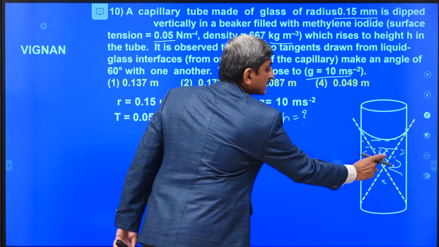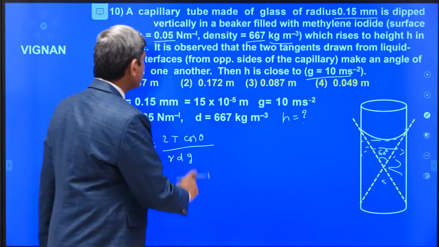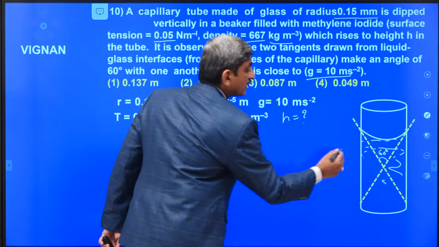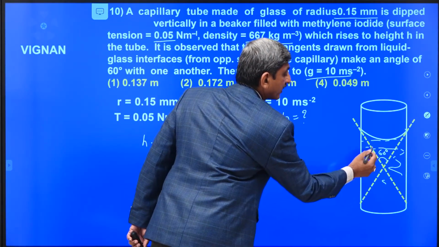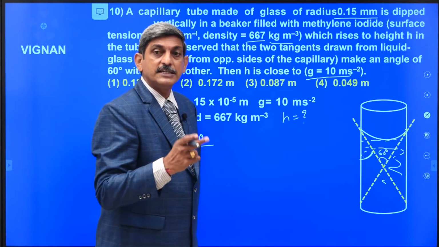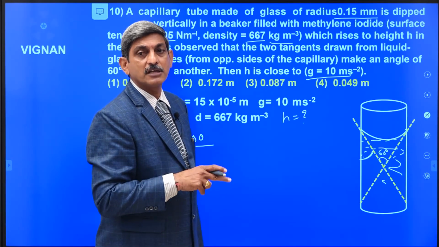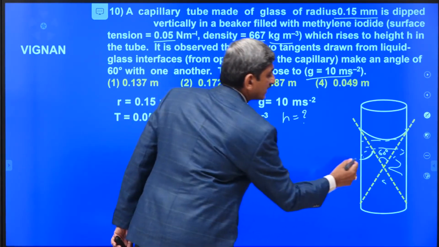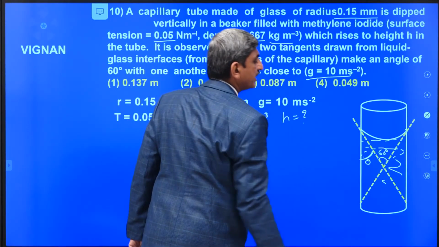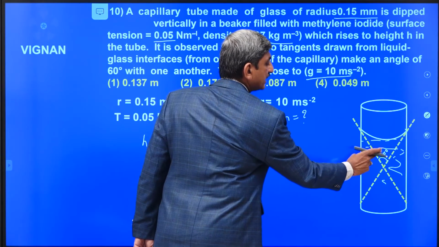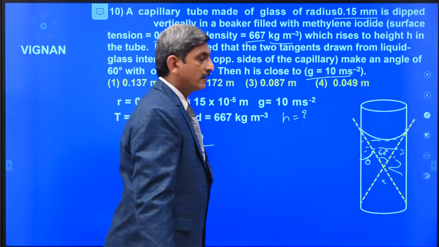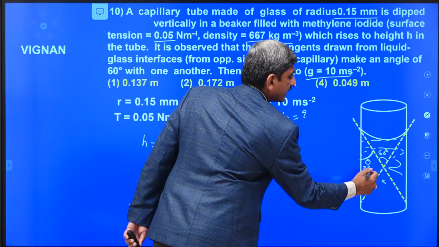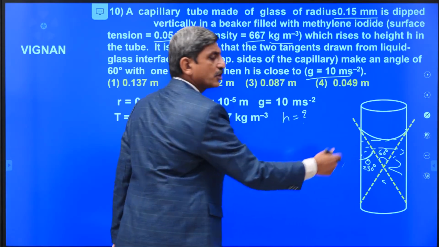This angle is given as 60 degrees, but in this equation, theta stands for the angle of contact, which is nothing but the angle made by the tangent to the liquid surface with the solid surface at the point of contact inside the liquid. By the definition this is the theta value, but without giving this theta value, this angle is given. Now using this angle, we get the angle of contact as 30 degrees from the geometry.